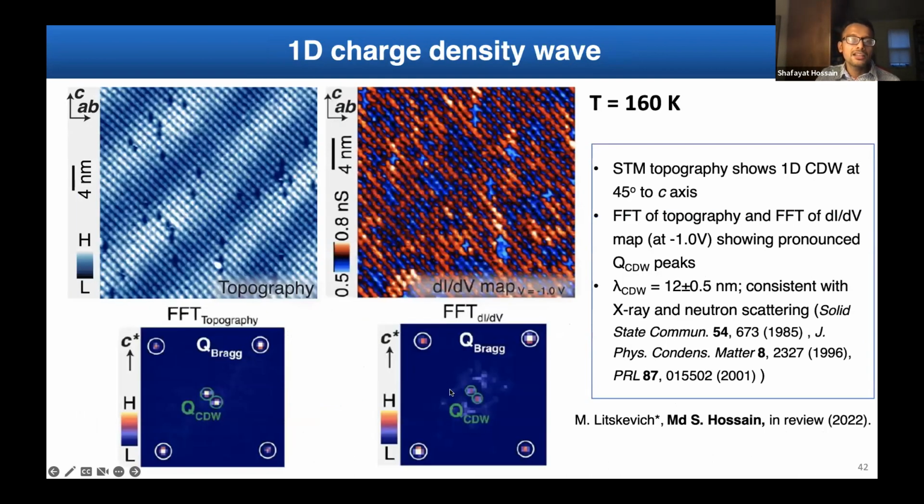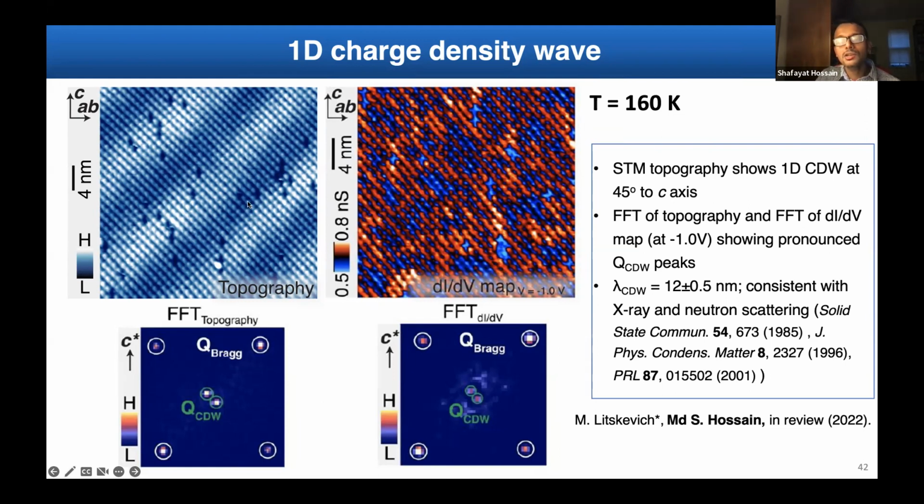And then what we do is, if we take a large-scale topographic image, we have this nearly square iodine lattice, and we see a clear charge density wave, a unidirectional charge density wave, at nearly 45 degrees with respect to the c-axis of the crystal.